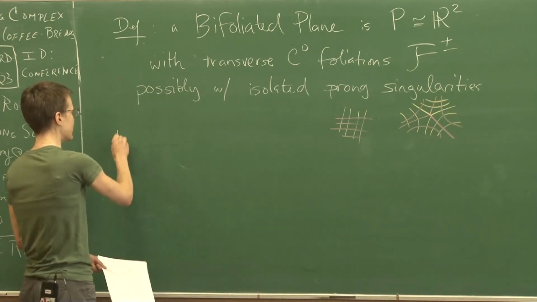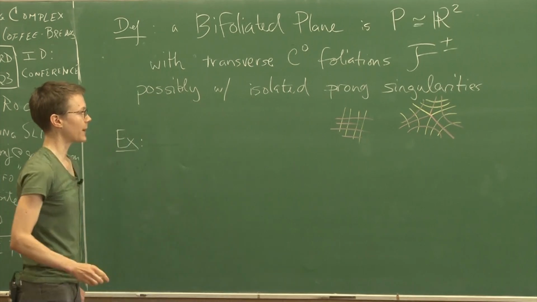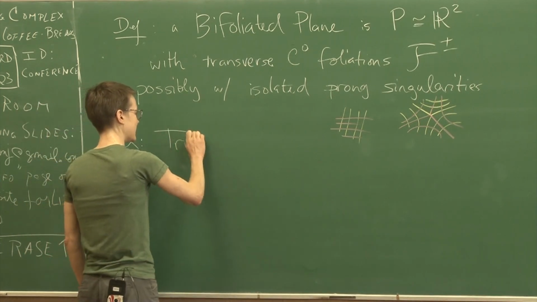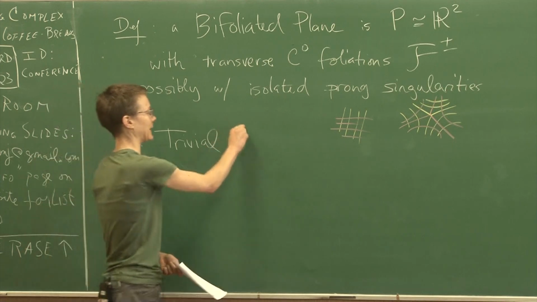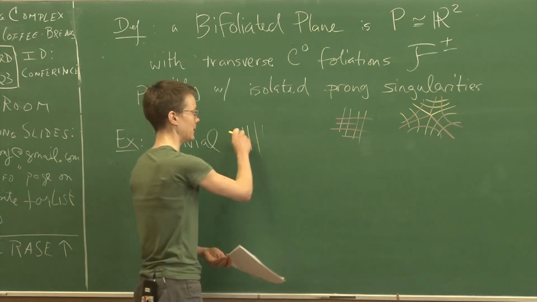So examples. Of course, you have the trivial plane. The trivial foliations, just the standard horizontal, vertical, R2 product foliation.